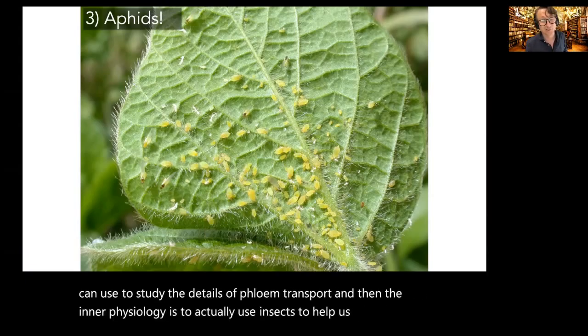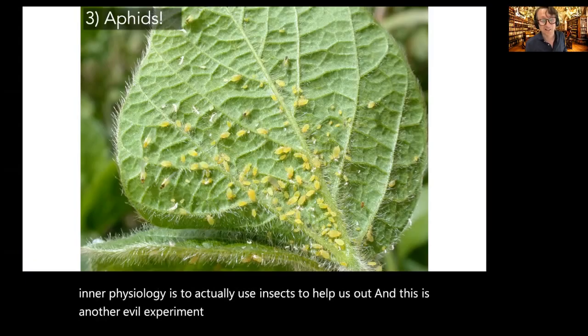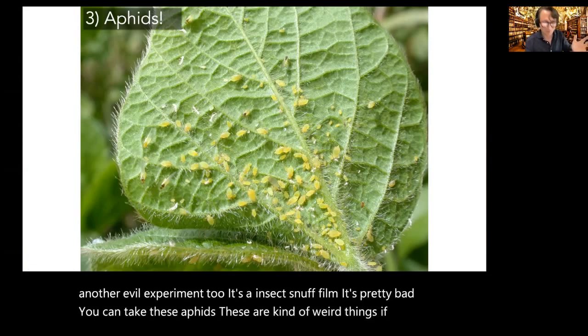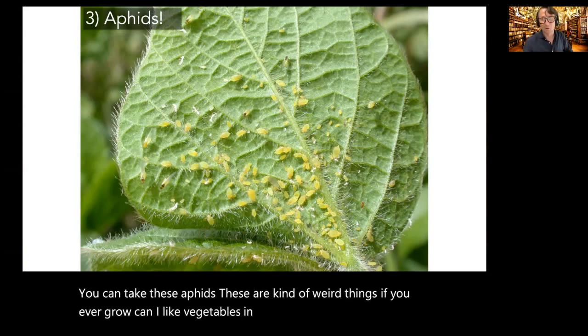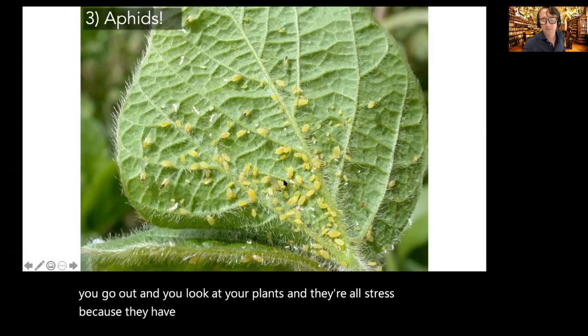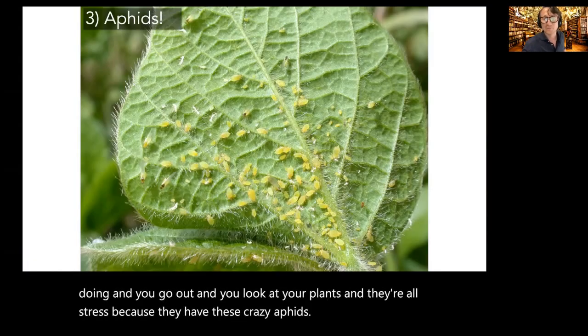And this is another evil experiment too. It's an insect snuff film. It's pretty bad. You can take these aphids. If you ever grow vegetables in your garden, and you go out to see how well your plants are doing, and they're all stressed because they have these crazy aphids. Aphids are phloem feeders.